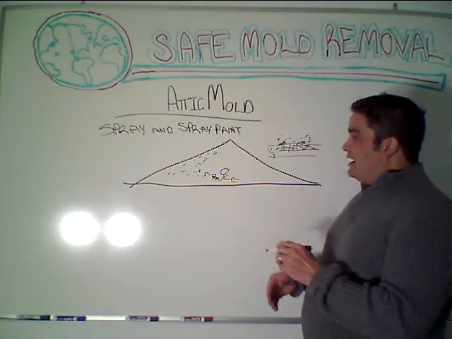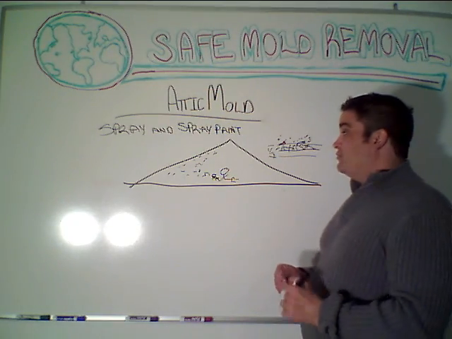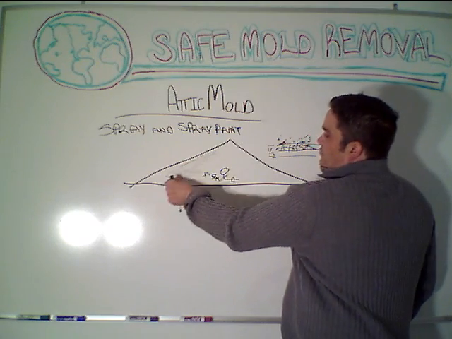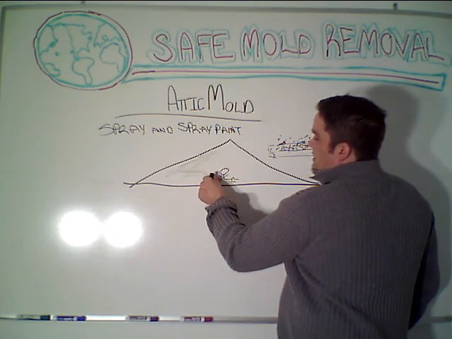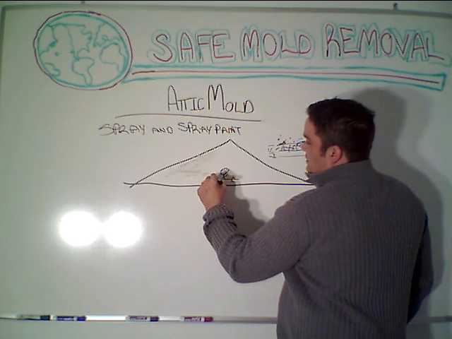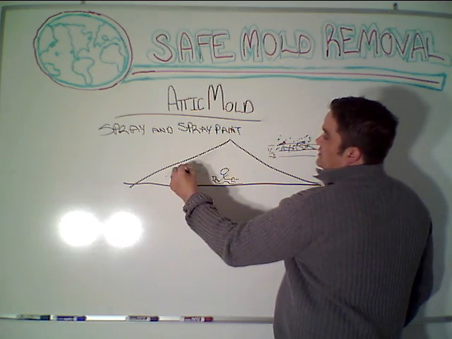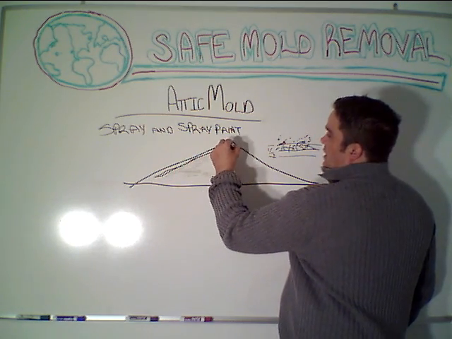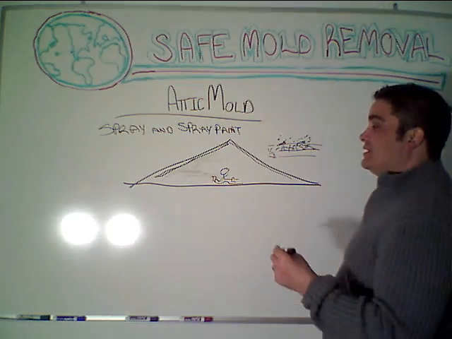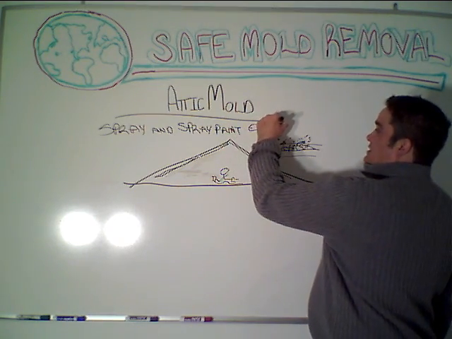So the spray and spray paint technique involves spraying or fogging a chemical poison-based biocide on the wood, and then after that's done, coming back through with a spray gun and applying a paint spray coating on the bottom. This spray paint coating they call an encapsulant. So the folks that do this don't call it spray painting, they call it encapsulating.